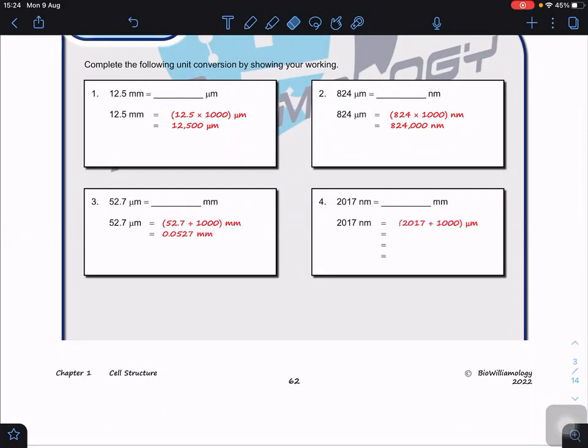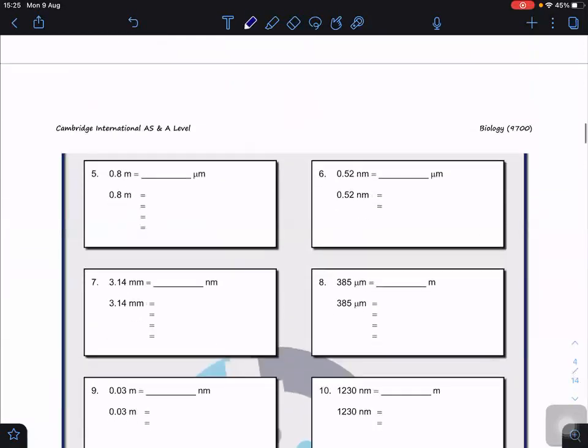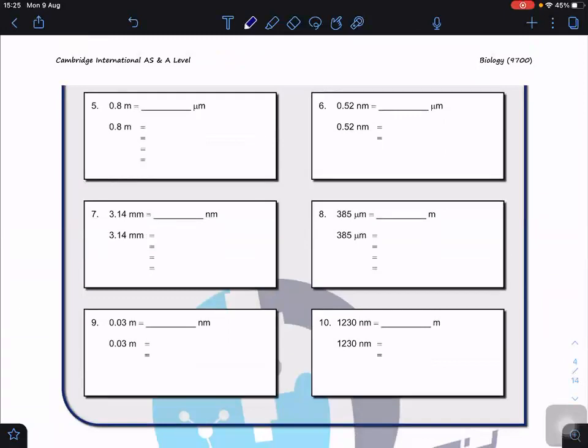We divide one time, get the answer already, then divide a second time. Or to make it simple, you divide by 1000 squared. You can do both ways, but I do two steps in this case. Meter to micrometer, also two steps: multiply by 1000 one time, multiply by another 1000.